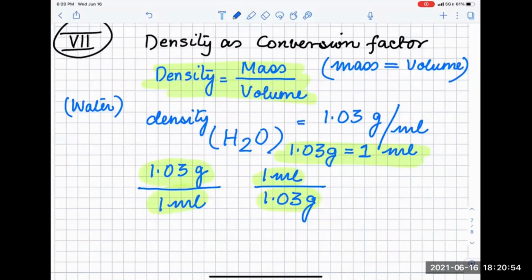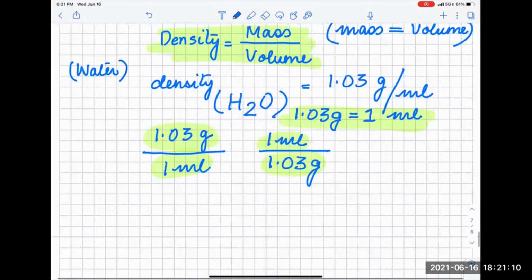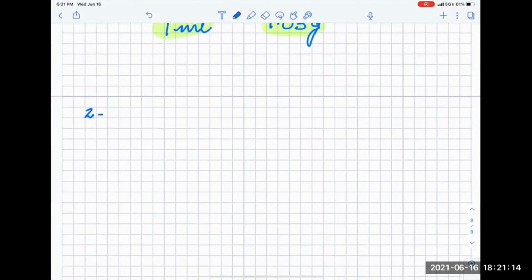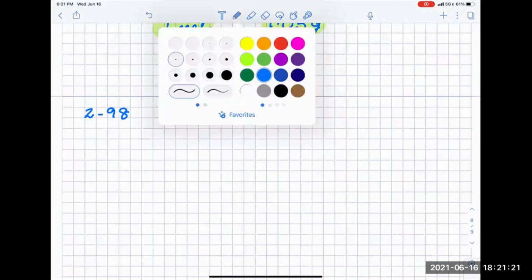So let's see, one example I can do from here is: state whether each of the following will rise or sink. Okay, let's do this, and you will do this in the lab. This is problem 2-98, page 52E, and this is an example.